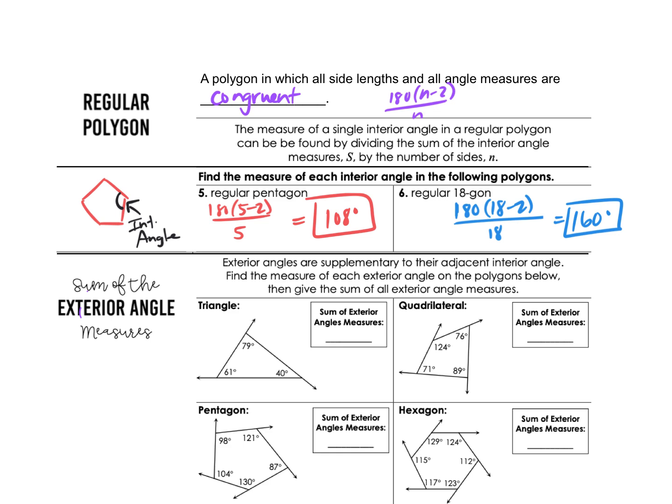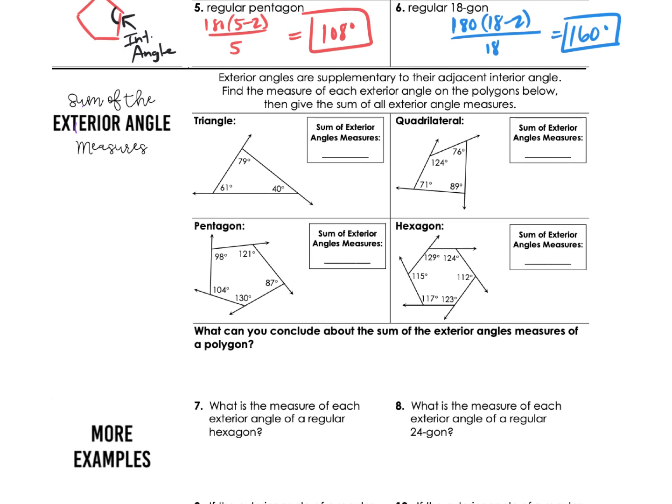Okay, this one's super important and nice and simple. The exterior angles, which are supplementary, means that if we take any shape and extend its sides to make a line, an exterior angle is the one that adds up to 180 with that interior angle.